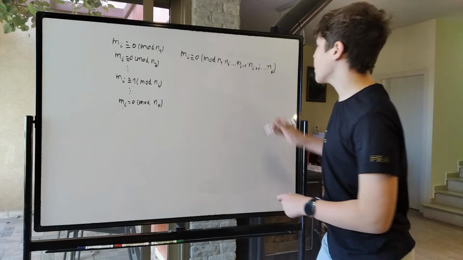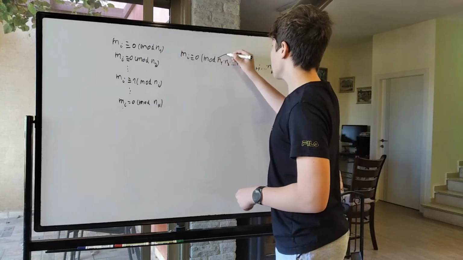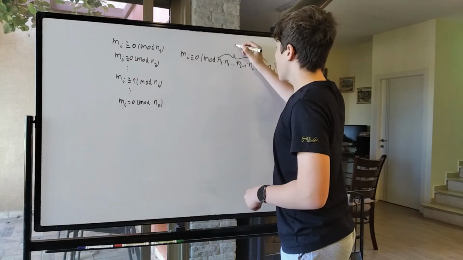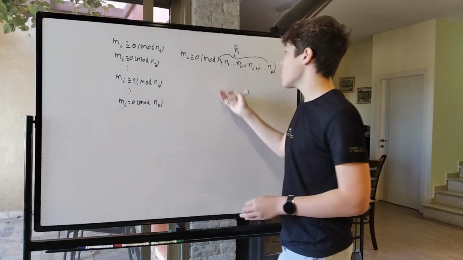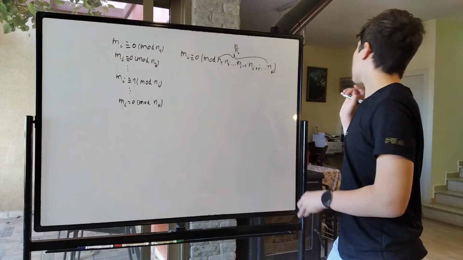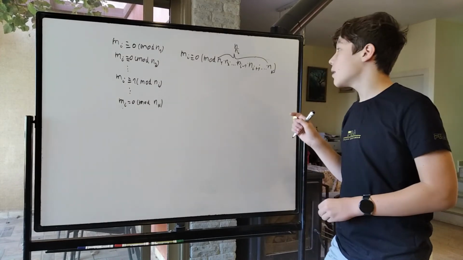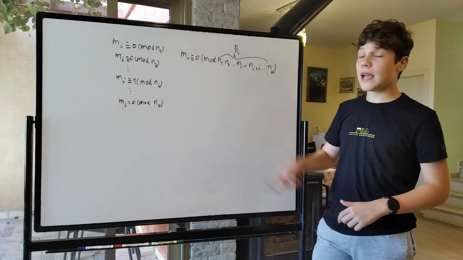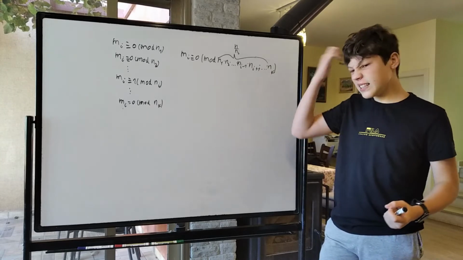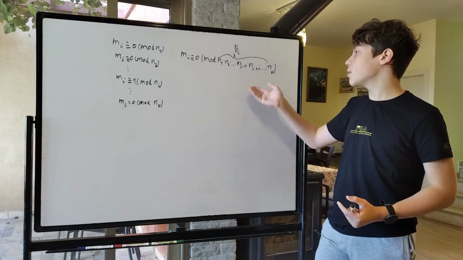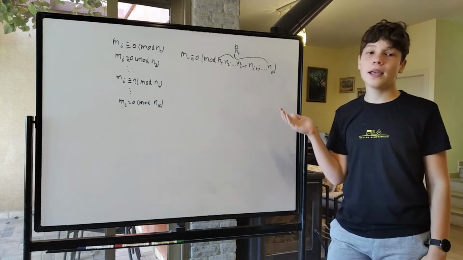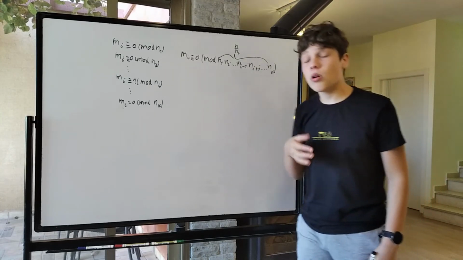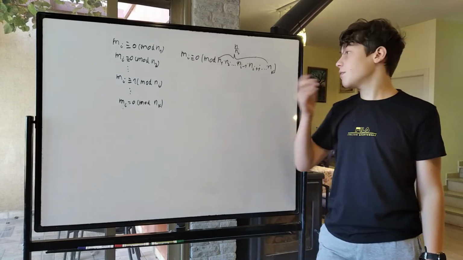So instead, I'm going to write this as n over ni, because that's just what it is. We're multiplying everything except ni. We will call this n over ni, and you can easily see why this is true: if we were to multiply this by ni, we would get n1 times n2 all the way to times nk, which we defined as n.